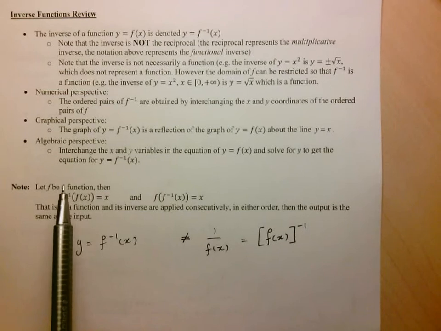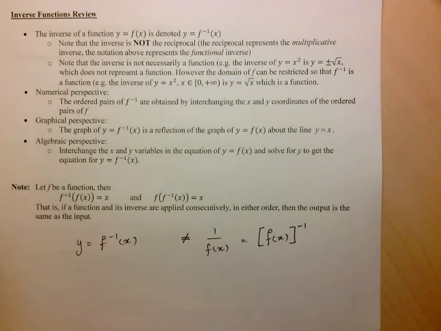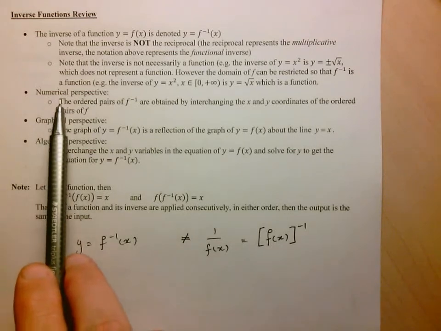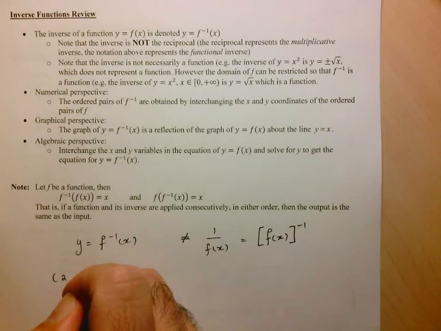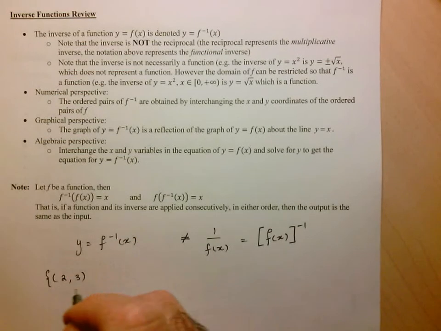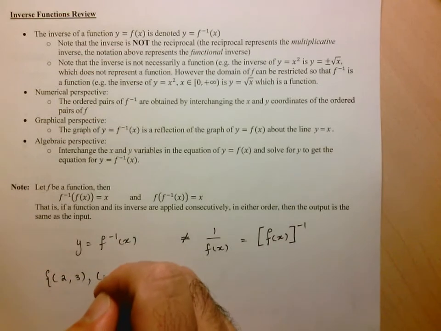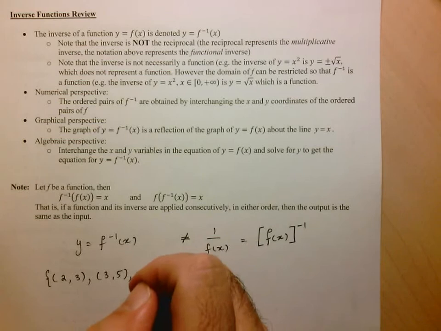Let's review what this functional inverse represents. Anytime we're talking about a function, we're always talking about these three representations. When we talk about the numerical, we're talking about the individual ordered pairs. Say my function has these three ordered pairs.